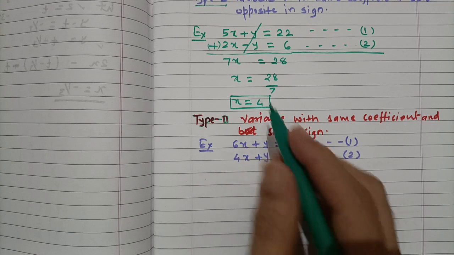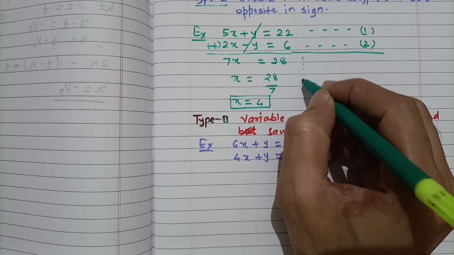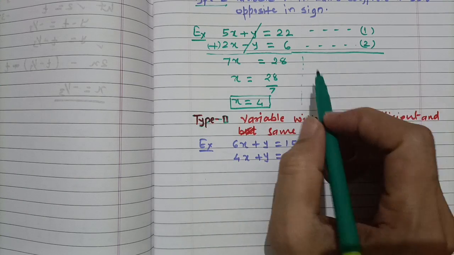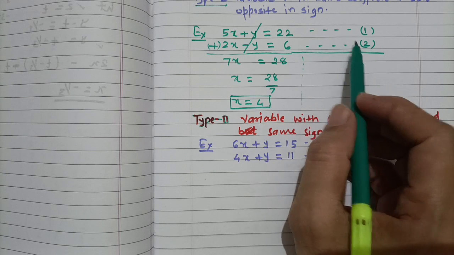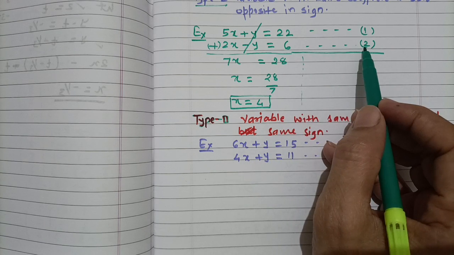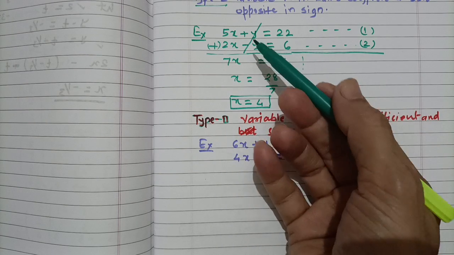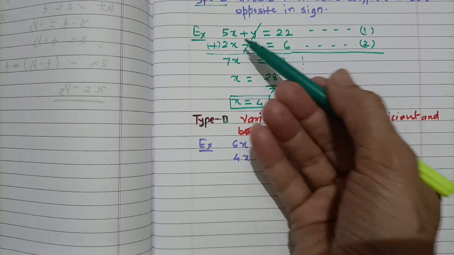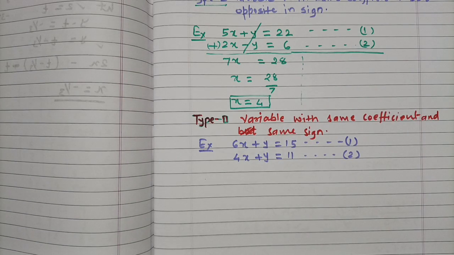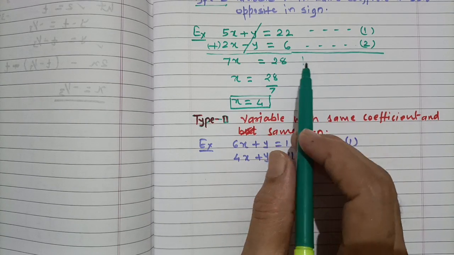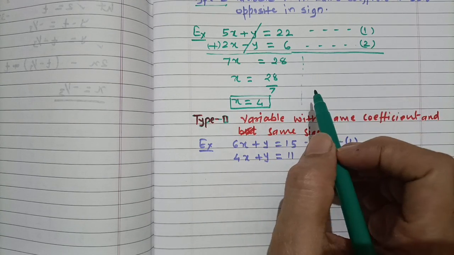Now the value of x is 4. We can substitute this value in any one of the equations, either equation 1 or 2. We can see that substituting the value of x in equation number 1 is easier than substituting in 2, so I will obviously choose the first equation.